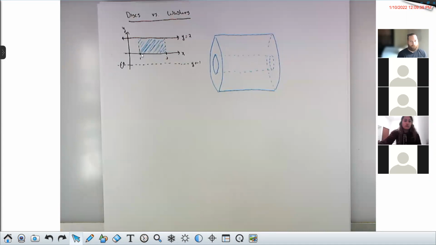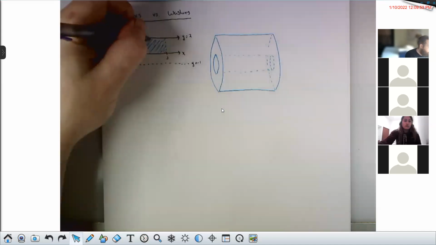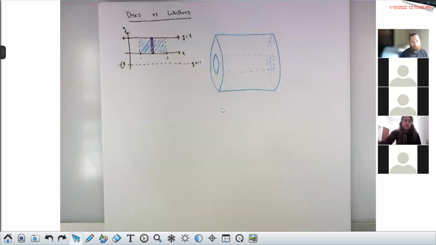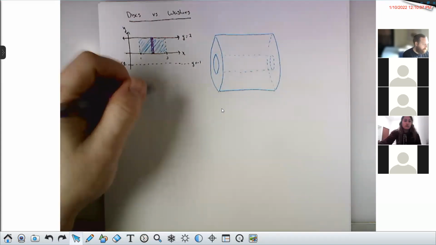This gap between my region and my axis of rotation induces this hole running through my cylinder. If I were to take a little differential thickness strip and drop it in here, as we did in that last problem, then rather than generating a little disk, this would generate a little washer.